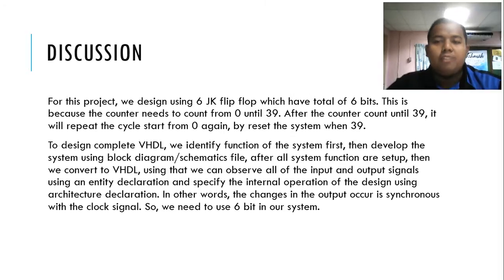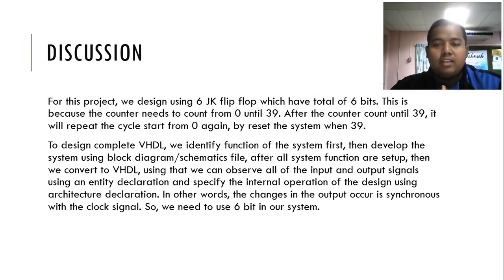We have a total of 6 bits. This is because the counter needs to count from 0 to 39. After the counter counts until 39, it will repeat the cycle, starting from 0 again, by resetting the system when it comes to 39. To design in VHDL, we identify the function of the system first, then develop the system using a block diagram or schematic file.